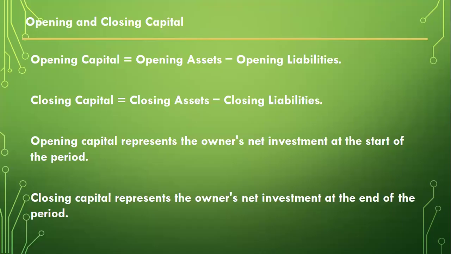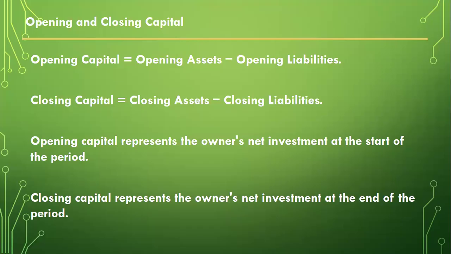So I said earlier that we are going to be having opening and closing capital. There is also a formula for opening capital. How do we get our opening capital? Our opening capital is opening assets minus opening liabilities. So the only difference is what I am starting with.